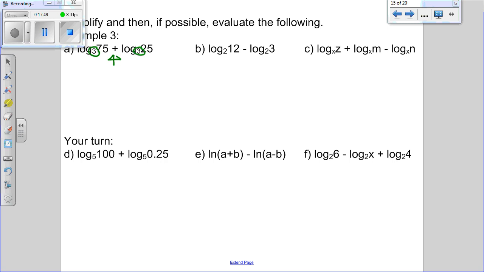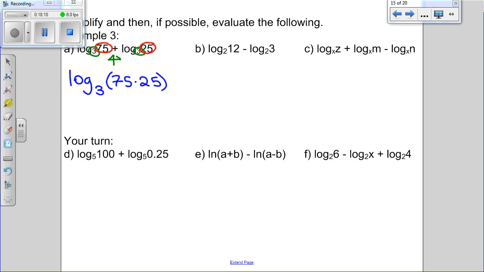The arguments are 75 and 25. So this statement combined becomes log base 3 of 75 times 25. We rewrote it as one singular log.